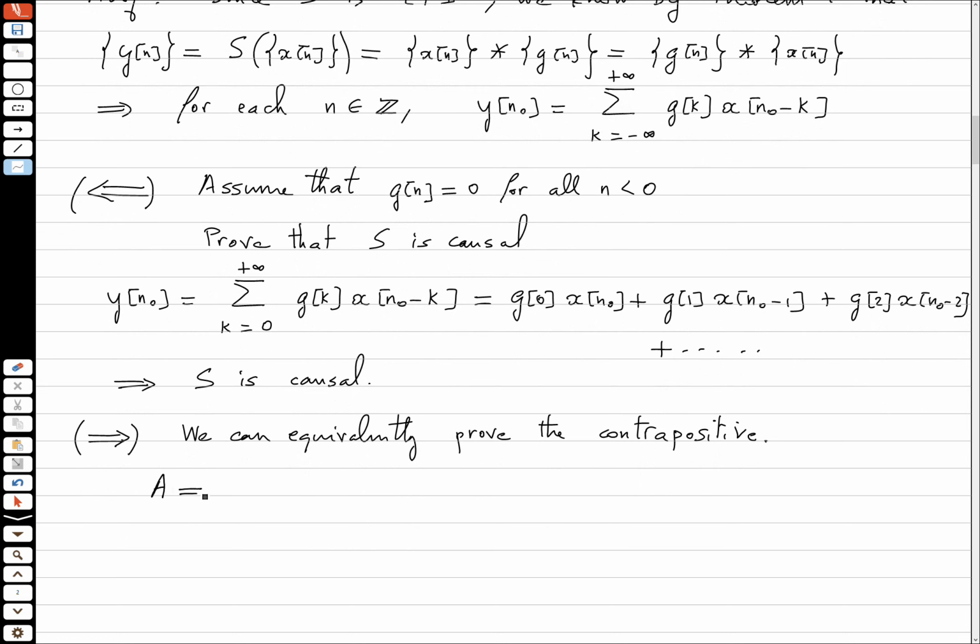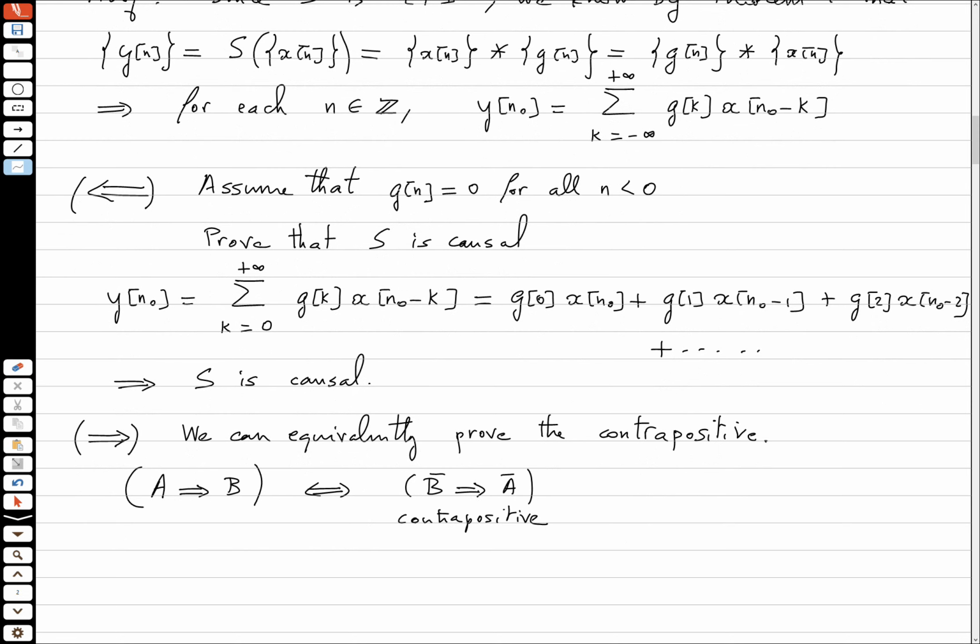You must know that A implies B is the same thing as not B implies not A. You know that? I know that from mathematical proof. Fine. But usually students know that. So this one is the contrapositive of this.